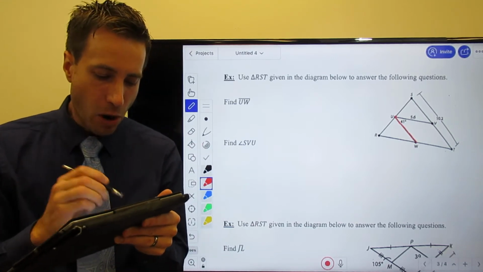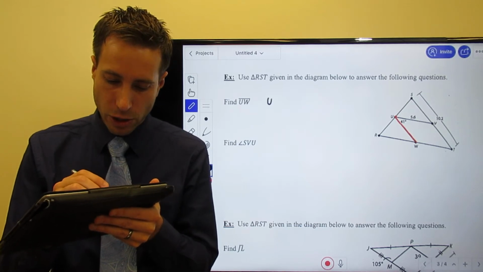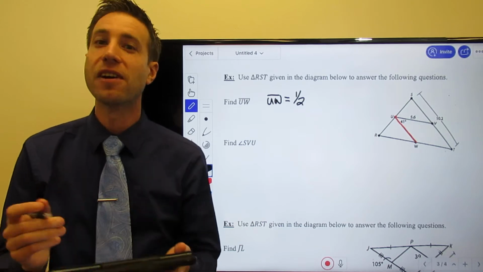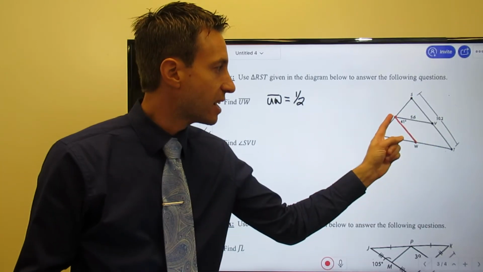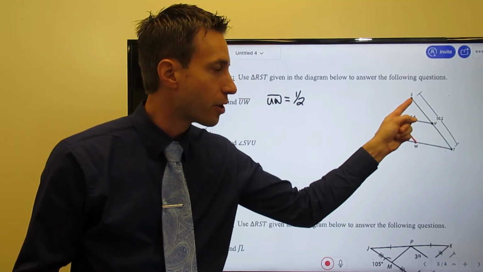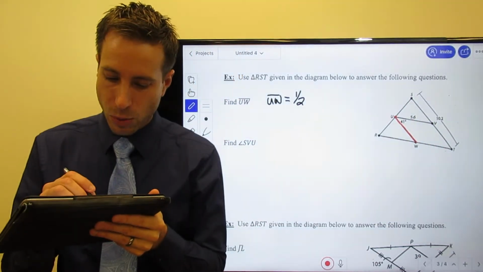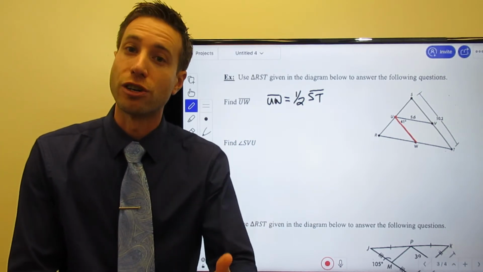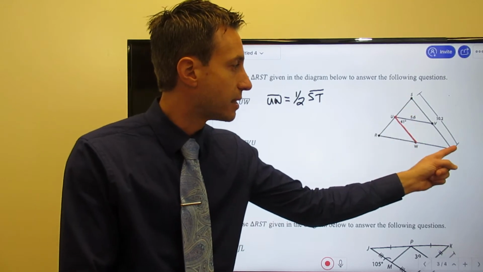UW. Well, remember our property of mid-segments. The length of a mid-segment, UW, will be equal to 1/2 the length of the third side. Since UW connects these two sides, the third side is going to be side ST. So it's got to be 1/2 the length of side ST. From the diagram, I know how long ST is.